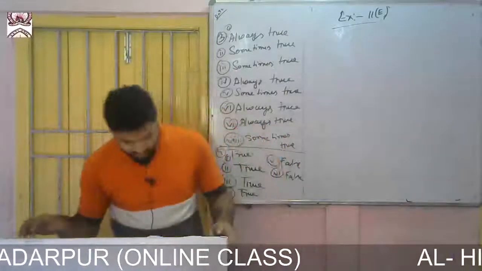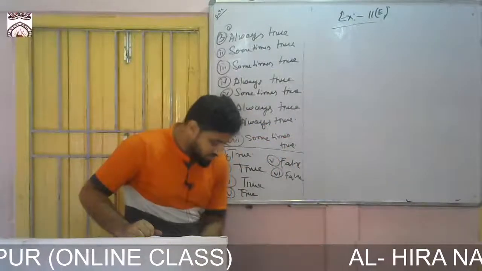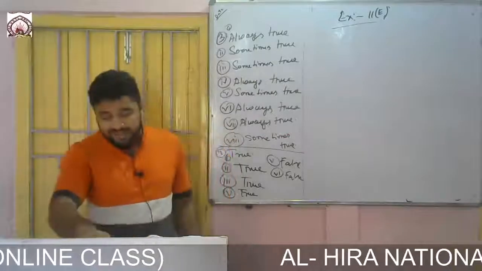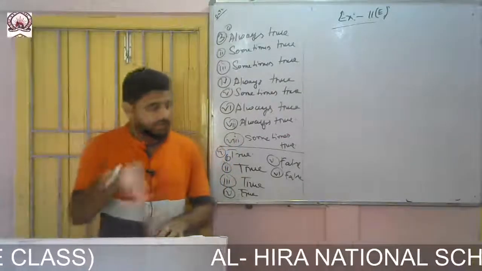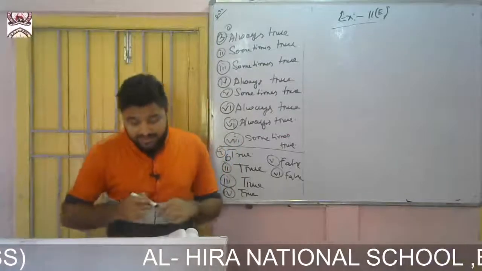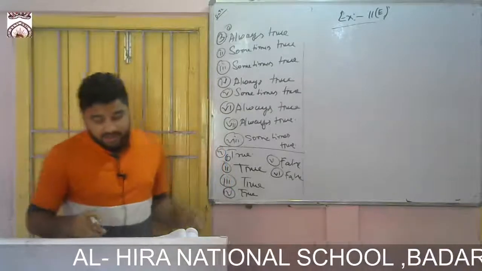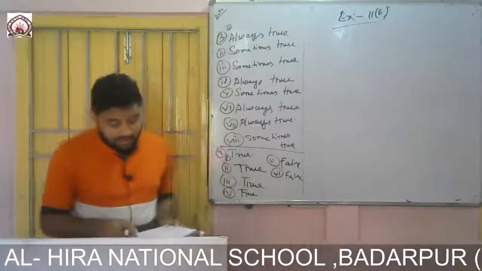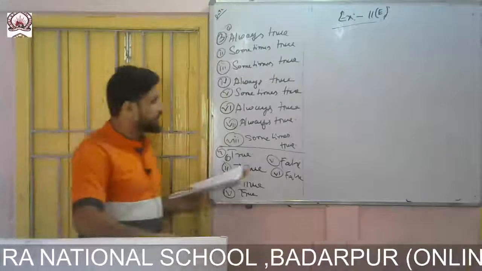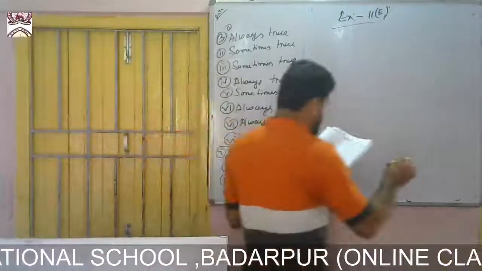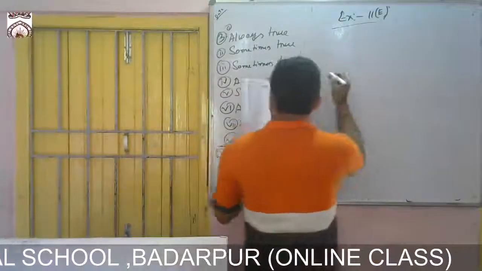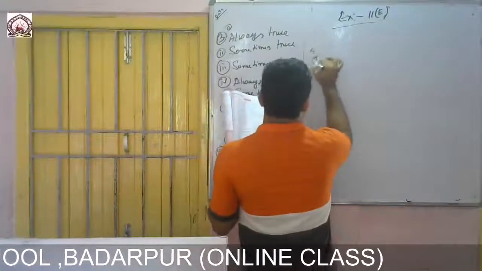So you write the reason. The reason is that a square can be thought of as a special rectangle. Yes, it is true. Right. Number 5.